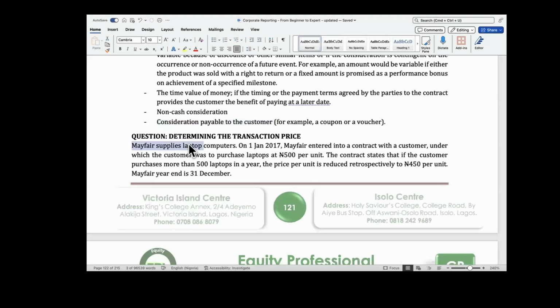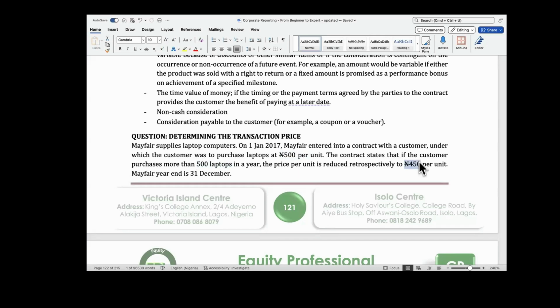So he now told, in fact, he sells the laptop at 500 naira per unit. He made a contract with his customer that if they buy more than 500, the price would reduce retrospectively to 450, which means that even those ones we sold to them before they met the 500 milestone, we would give them 15 naira back on those ones they have bought already.